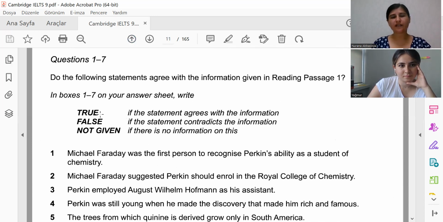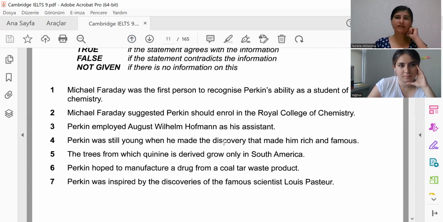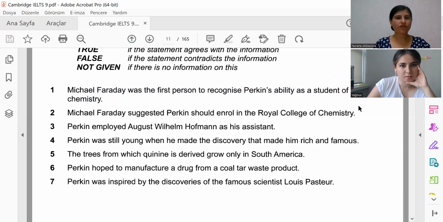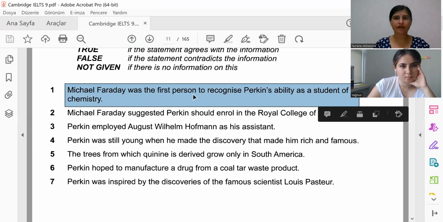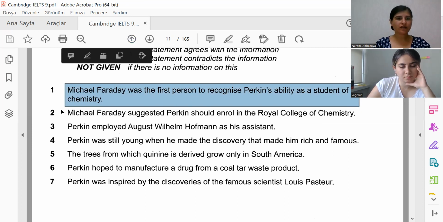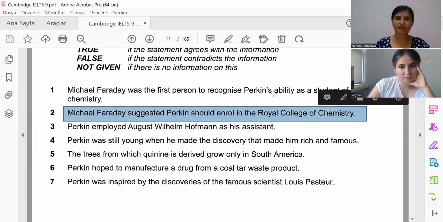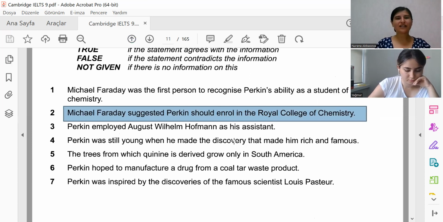So the main thing in true, false, not given type of questions is that sentences come in order. So if you find the answer to this question in paragraph 1, the answer to the second question will be in paragraph 2, or maybe even in paragraph 1, but after this, not before. That is the comfortable, convenient part of these questions.